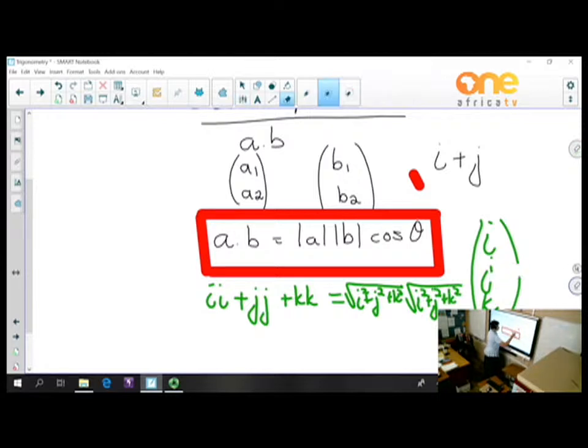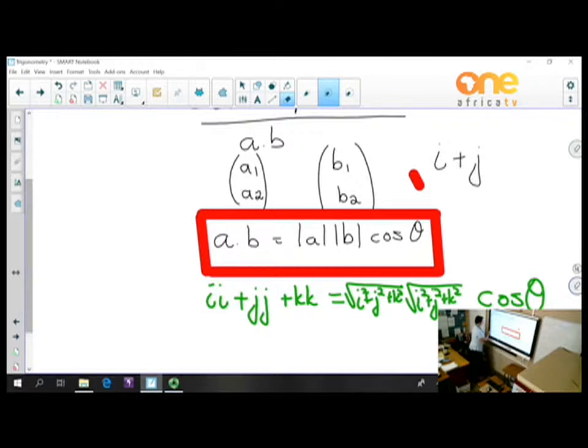And then we have to find that angle. We actually want to find the angle between 2 vectors, cosine theta. So this is the meaning of A dot B is equal to magnitude A, magnitude B, cosine theta.